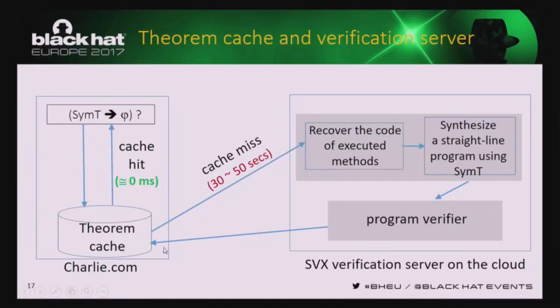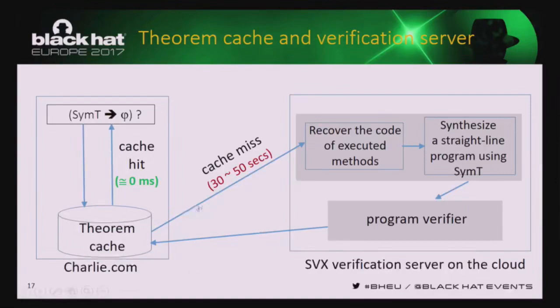However, if the theorem has not been proven, then it is given to a verification server on the cloud, which will first recover the code of the executed methods and synthesize a straight-line program using the SymT. The synthesized program is given to a program verifier, which will either validate or find a counterexample of the execution, and then the verification result is written back to the theorem cache.